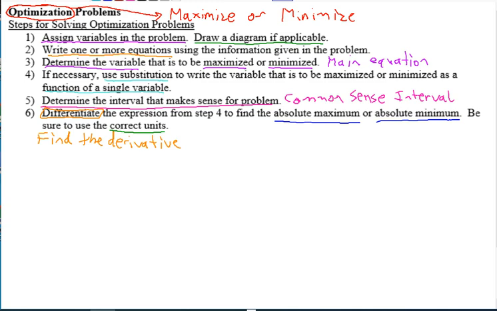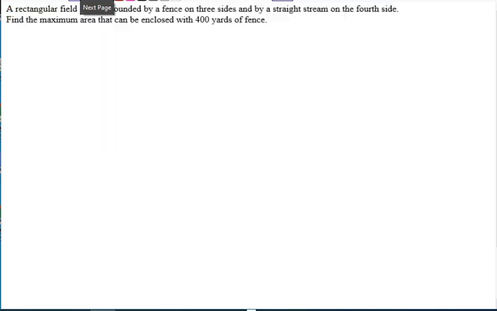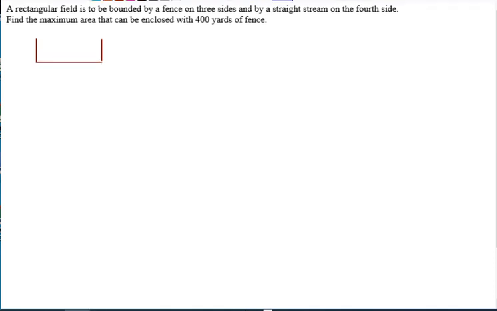All right, let's take a look at some examples here, because this can be applied to all different types of contexts. So this one says we've got a rectangular field. So let's go ahead and draw that. It says it's bounded by a fence on three sides, fence on three sides, and then there's a straight stream on the fourth side.